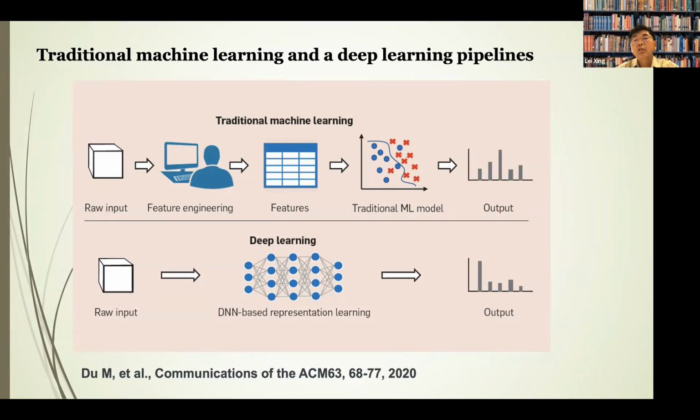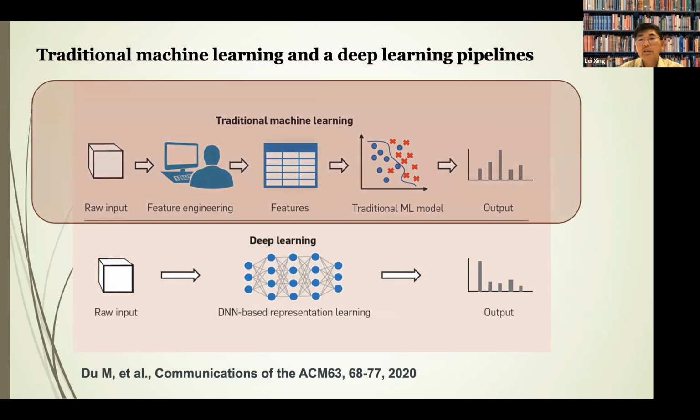Really, before 2015, almost all the clinical studies were focused on traditional machine learning. In a nutshell, you have input data, and then you go through a manual extraction of features.